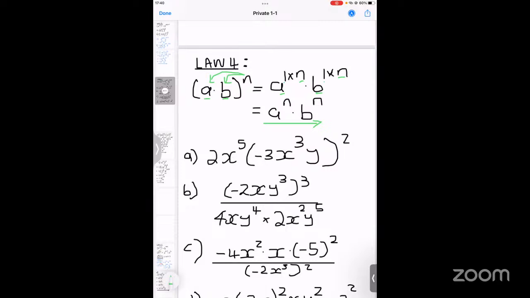Even if it starts with a number, it will be a number to the n. Even if it's a negative number to the n, obviously that will be inside the brackets, meaning open negative number close to the n times a to the 1 by n, b to the that. You will probably understand this better as I solve those problems, Langelihle.